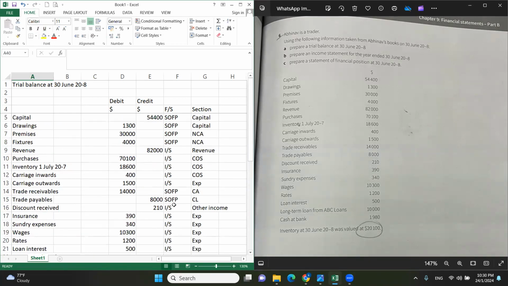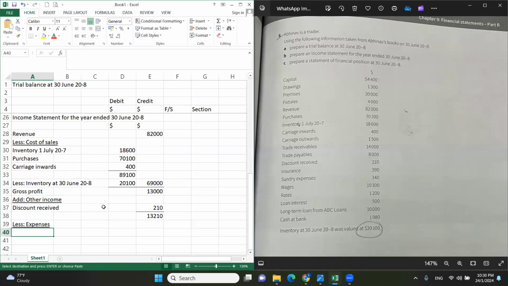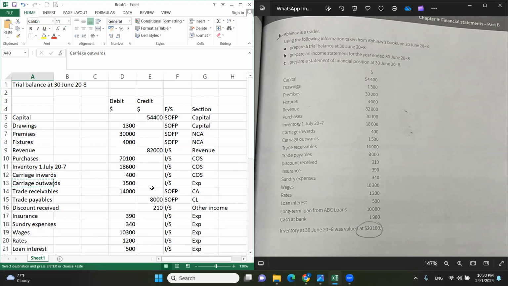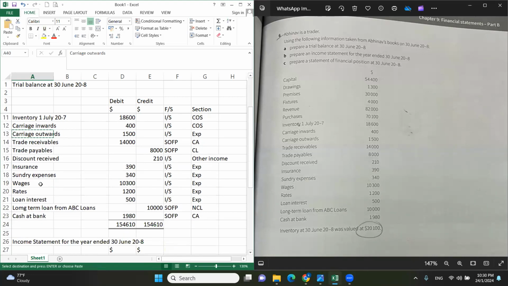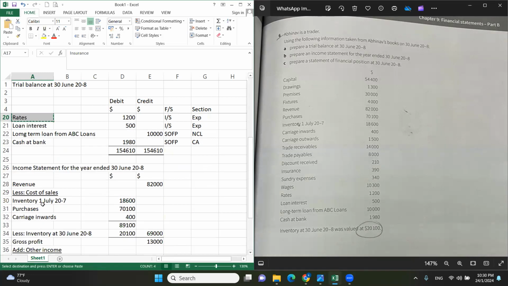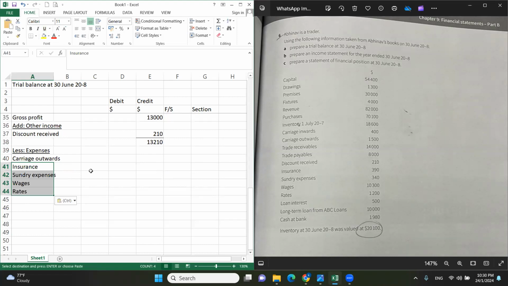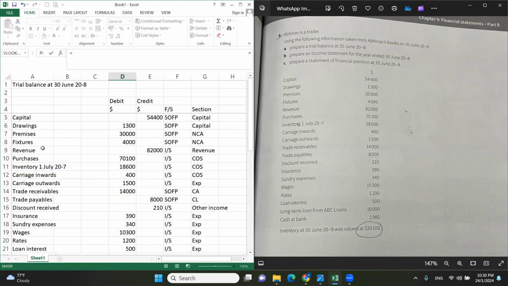Let's see. Here, carriage outward, one of it. And then, okay, here, insurance. Okay, insurance, wages, and rate. Loan interest don't put under expenses. So carriage outward is 1,005.